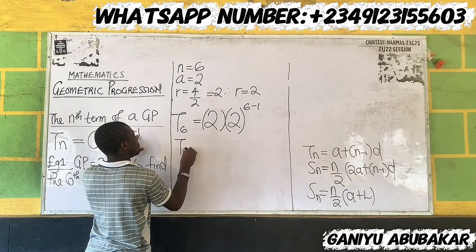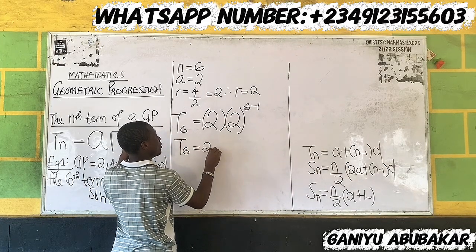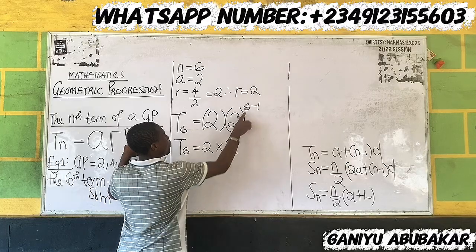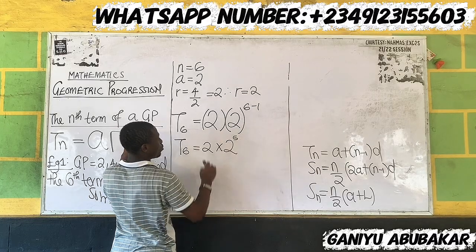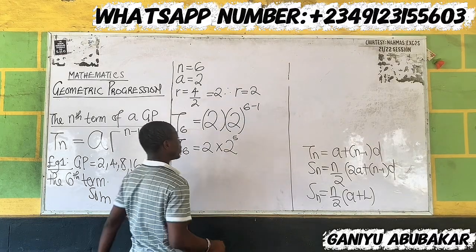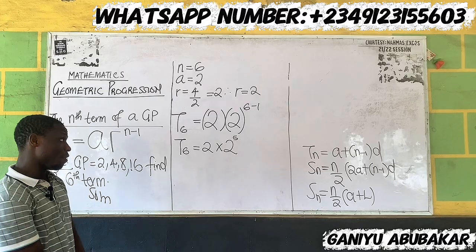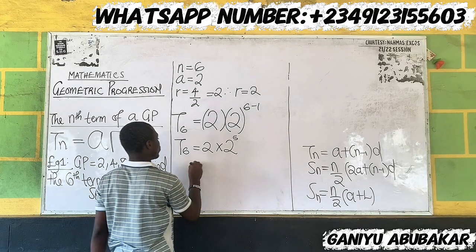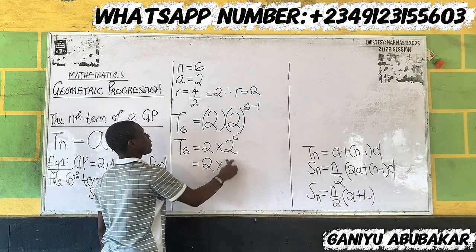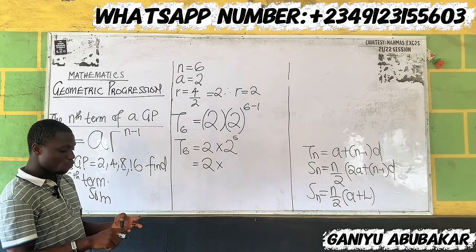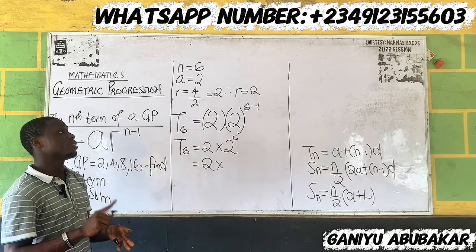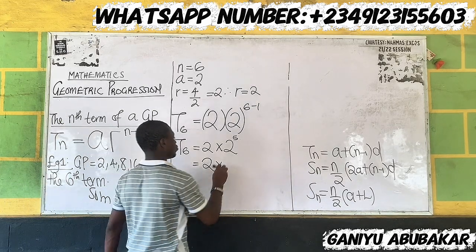So the sixth term gives you 2 times 2 to the power of 5, because 6 minus 1 gives you 5. This is equal to 2 times 2 to the power 5. So 2 times 2, 4, 4 times 2, 8, 8 times 2, 16, 16 times 2, 32.